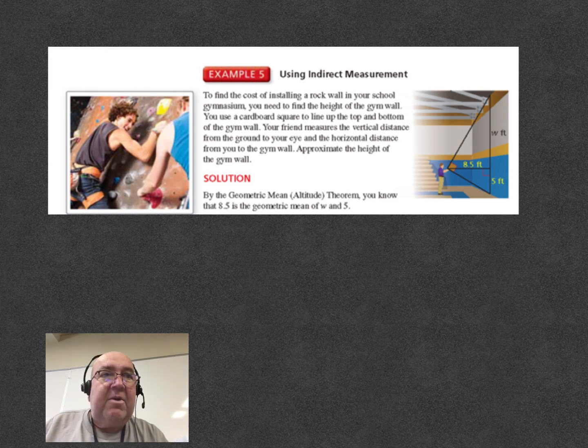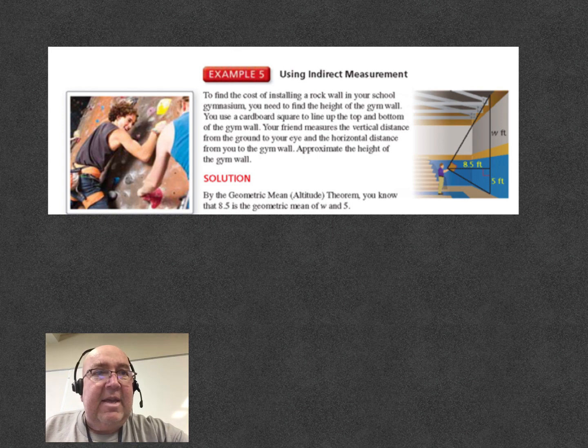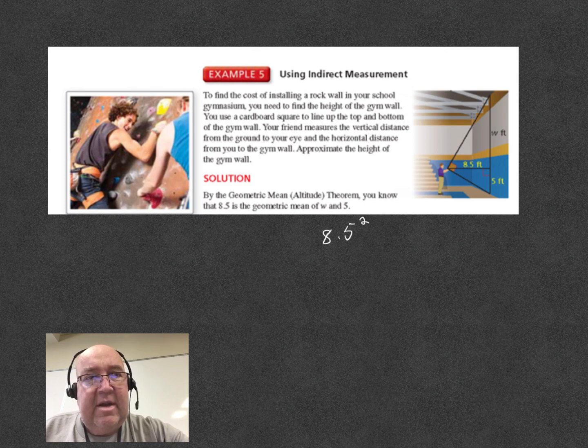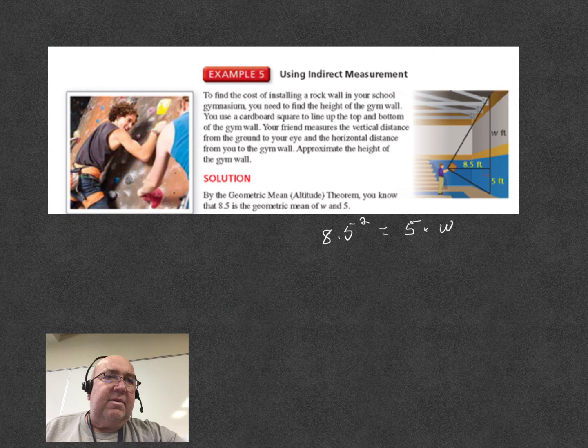Alright, so here we're given a problem. We want to find the full height of the wall. So we're going to find the geometric mean. We know that the geometric mean is 8.5, so we have 8.5 squared is equal to 5 times W. So if we do that, 8.5 squared is 72.25 is equal to 5W.